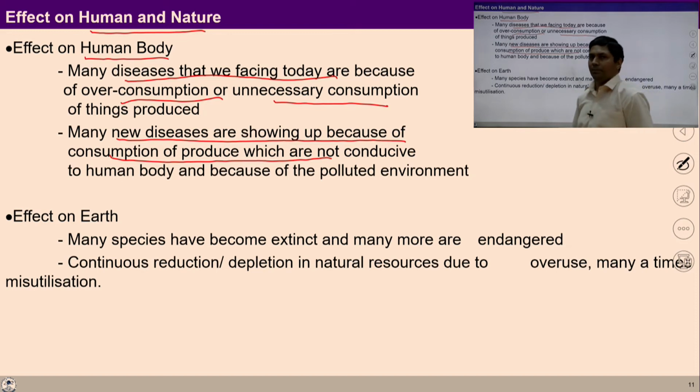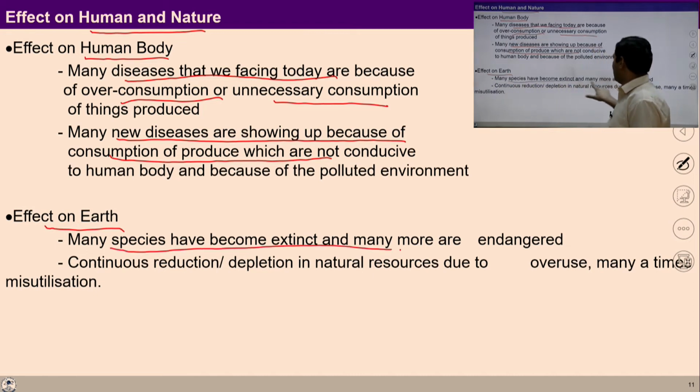We are using many types of preservatives, many types of chemicals to keep things for a longer time, and it is primarily affecting the human body, and not only the human body but also the earth. Many species have become extinct and many more are endangered. This can be easily seen if you are aware of your ecosystem.